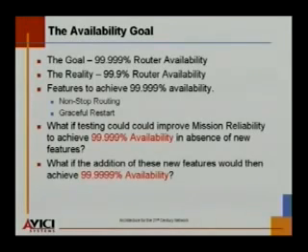So the question I'm posing here and hopefully answering is, what if testing could be done on routers today to achieve 5 nines of availability in absence of those features, the nonstop routing and the graceful restart, and then addition of those features actually achieved 6 nines of availability? I actually think it's possible, and I'm going to go through a test program that I think works to get that. I hope you all agree.